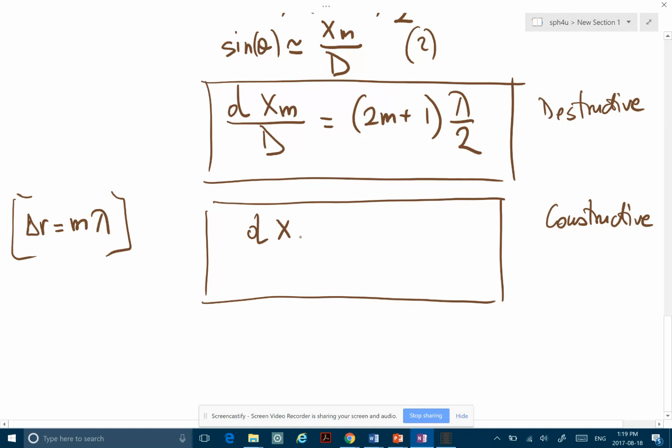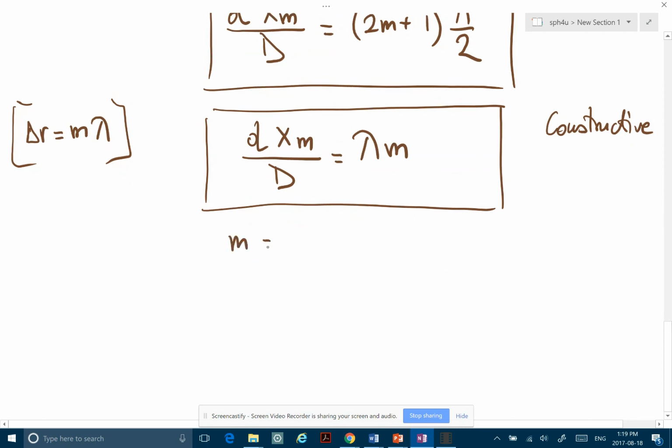We write the same condition: d times xm over D is equal to lambda times m, where m is 0, 1, 2, 3, and so on, also known as the order. All right. So we have the maxima or minima, or the destructive and constructive interference of the first order, second order, or the central one.